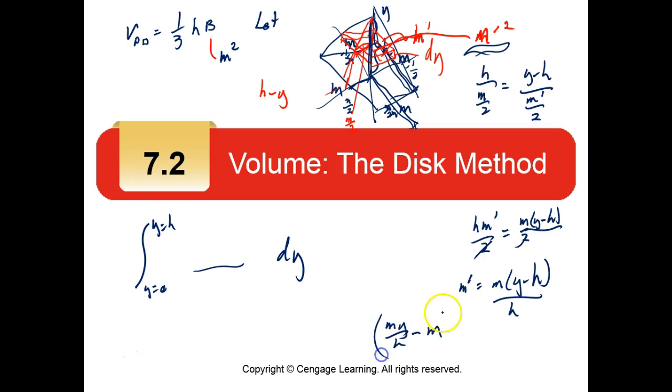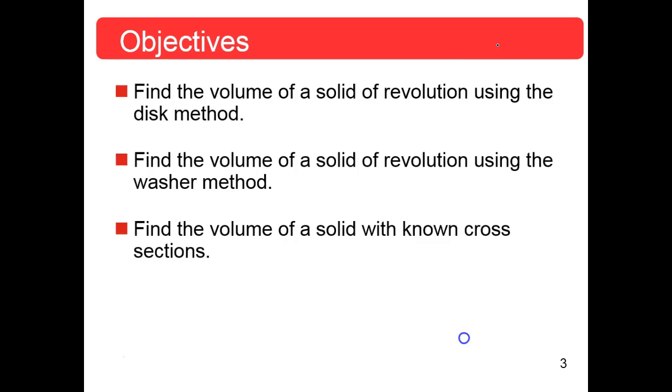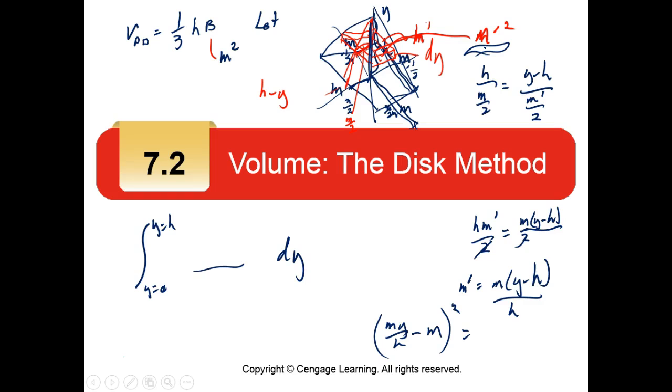And now let's square that, because we're squaring our m prime up here, and that's what m prime is. So that'll be m squared over h squared y squared minus 2 m squared over h y plus m squared. Actually, why don't I have the m on the outside anyway? So let's put the m squared out here.